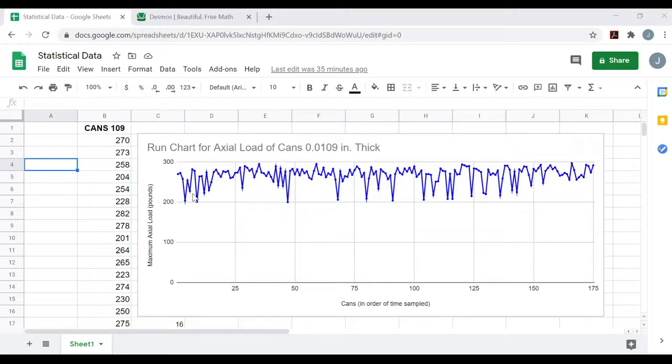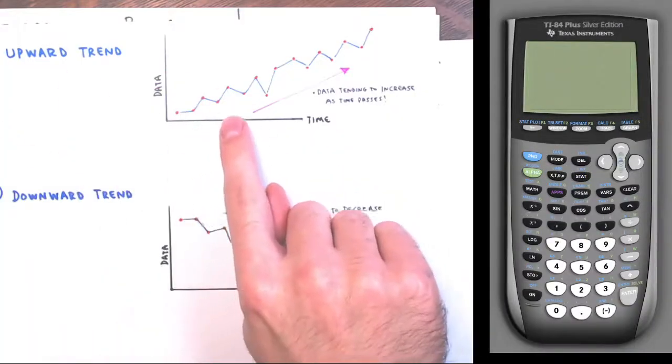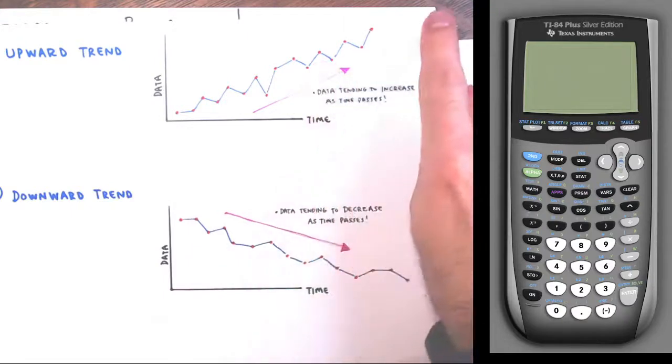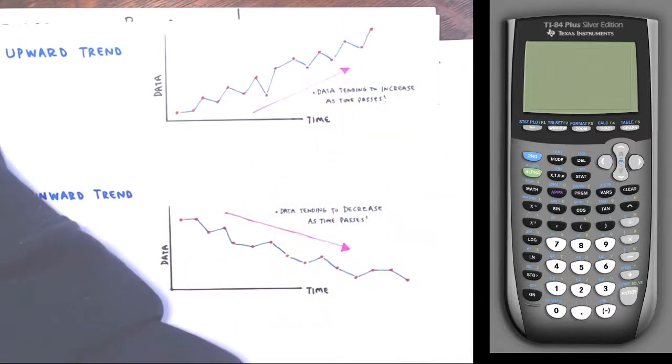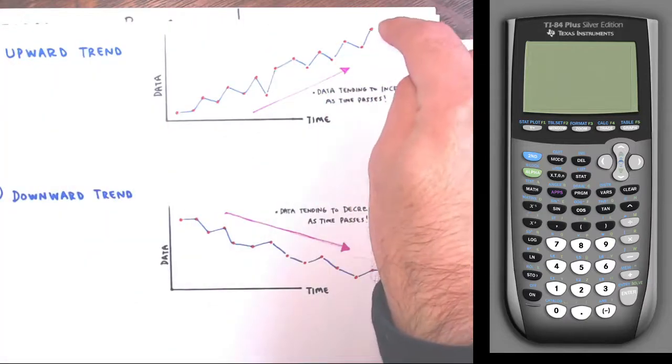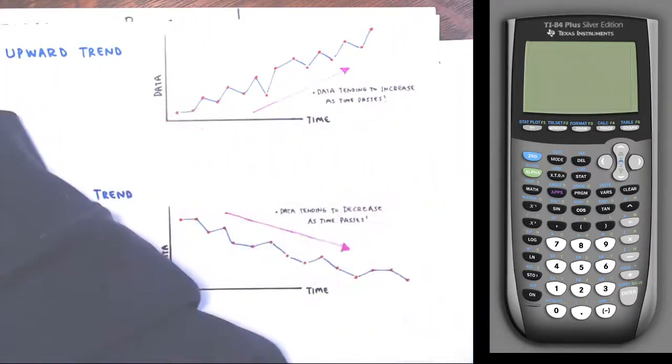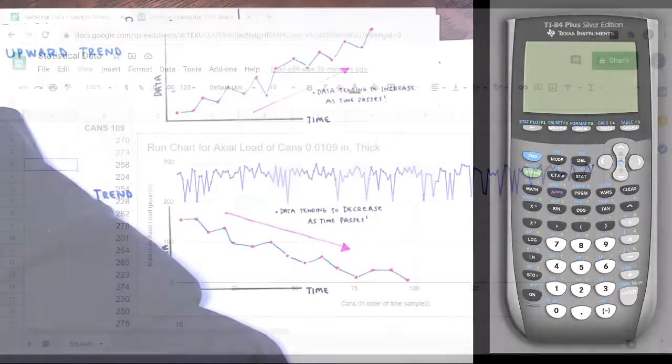Is there an upward trend? Does it look like it's definitely tending upward the whole time? Are the values increasing for certain? Are the values on the right much, much higher than the values on the left? That doesn't seem to be happening either.